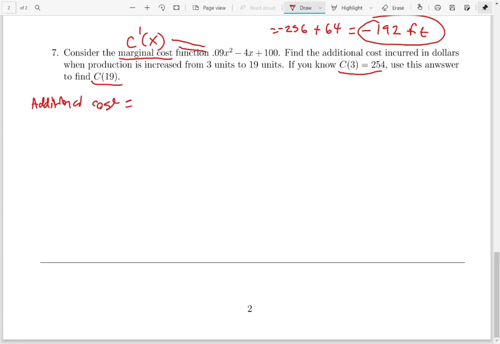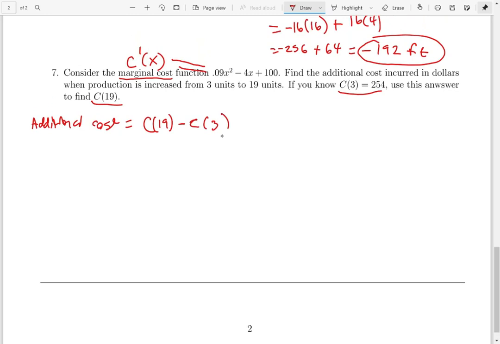And so my claim is that my net change or additional cost is going to be equal to C of 19 minus C of 3, which notationally is the same thing as the definite integral from 3 to 19 of my marginal cost function, because of course that is the derivative of the cost function. So it's 0.09x squared minus 4x plus 100 dx.